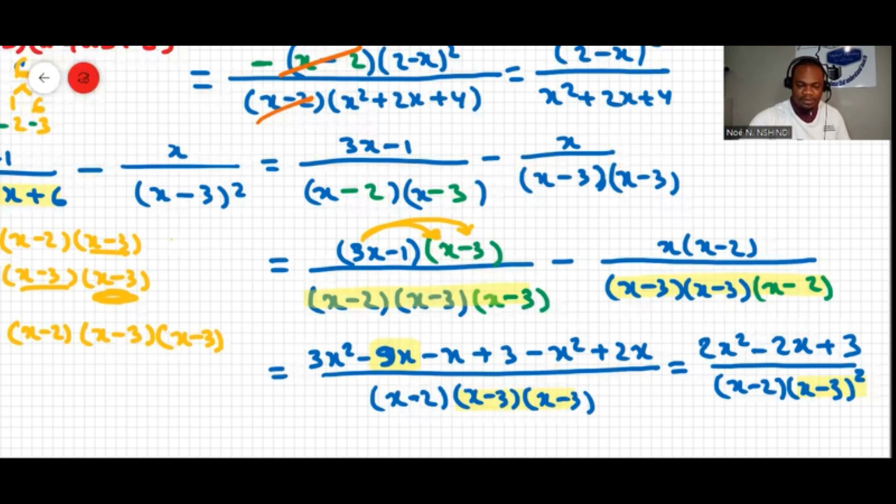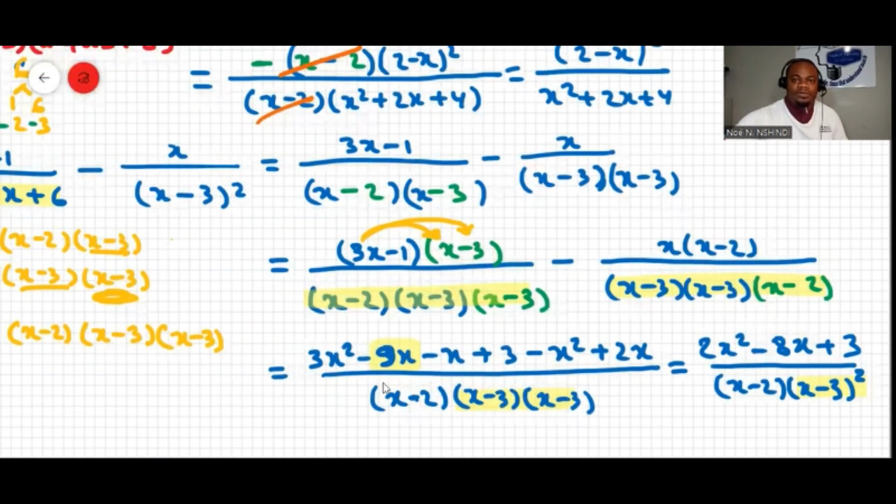And then negative 9x minus x plus 2x here will be negative 8, because negative 9x minus x makes negative 10x. Negative 10x plus 2x makes negative 8x. So over here it's negative 8x. Yes, that was question 8.